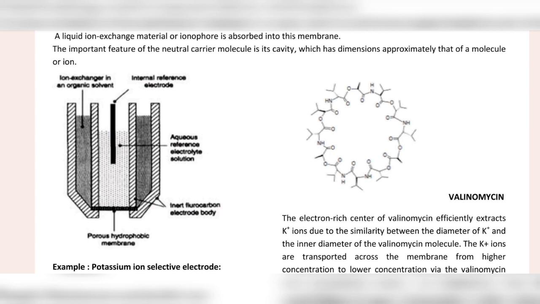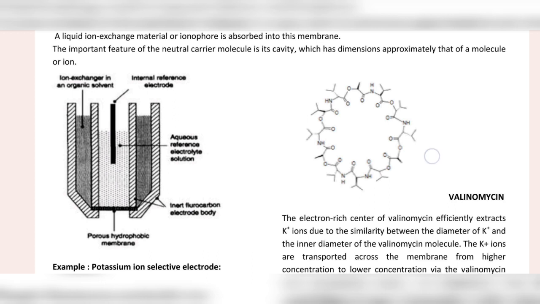The lower part is a porous hydrophobic membrane, with an ion exchanger in an organic solvent kept on both sides. Then there is the internal reference electrode, the internal reference electrolyte solution, and an inert fluorocarbon electrode body.